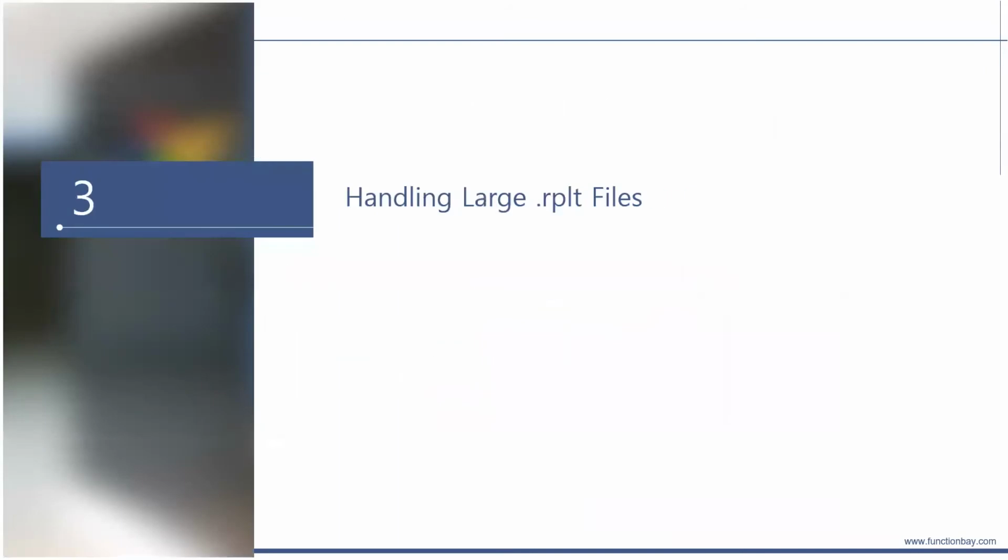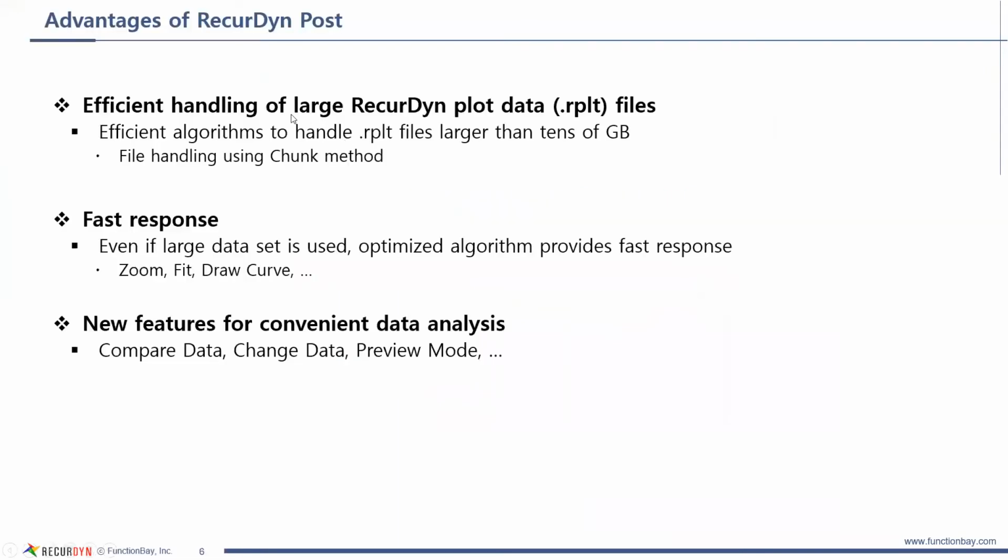So the advantages of RecurDyn Post. The main advantage is that it allows you to efficiently handle large RecurDyn plot data files. So it has efficient algorithms to handle RPLT files larger than tens of gigabytes.